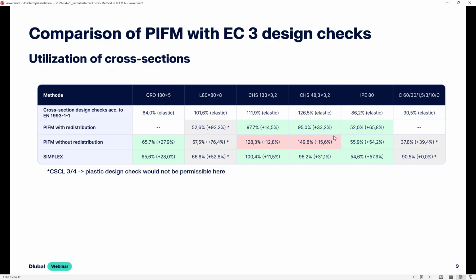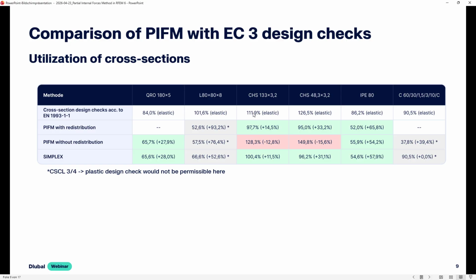So in most cases, there's really a big advantage by the PIFM. And even for example, for these circular hollow sections, you can still see that there's at least one method you can use which will lead to more economical results, which means lower utilization compared to EC3 design checks.